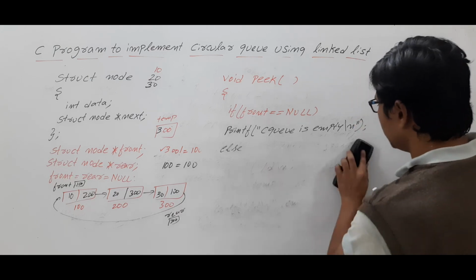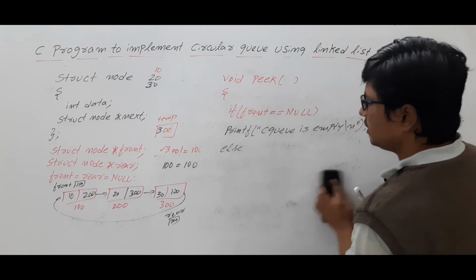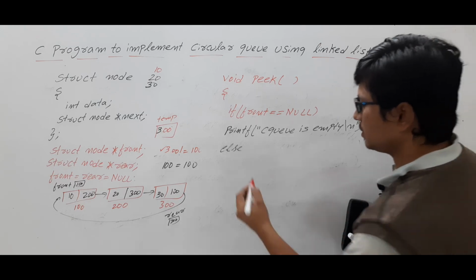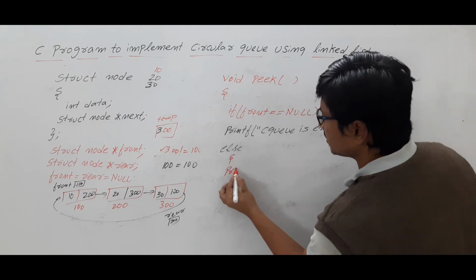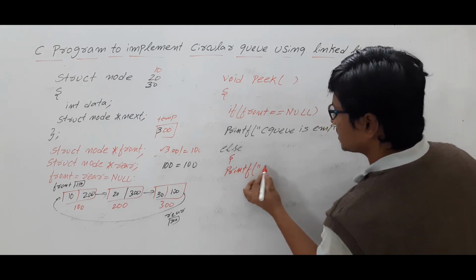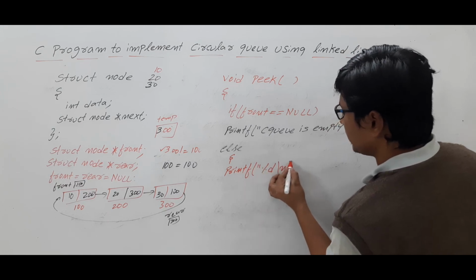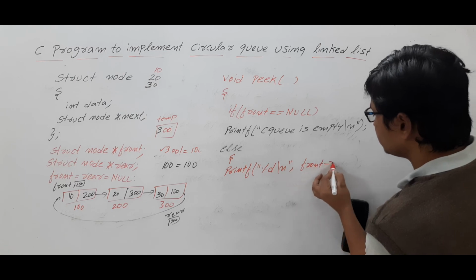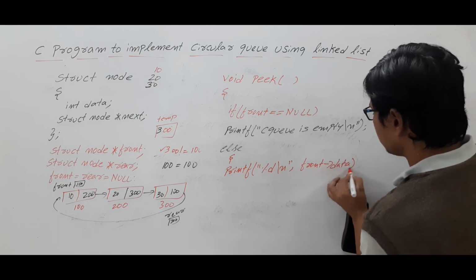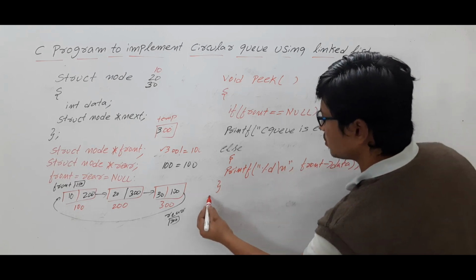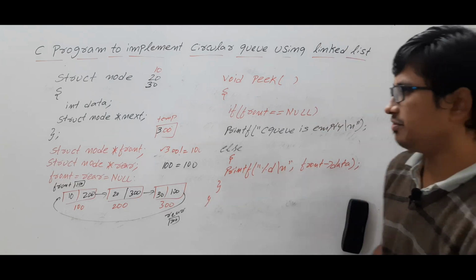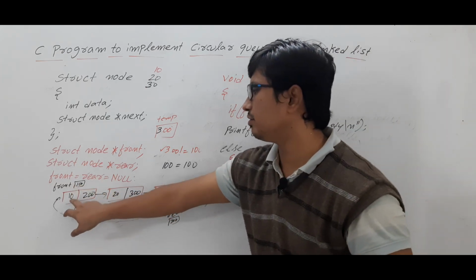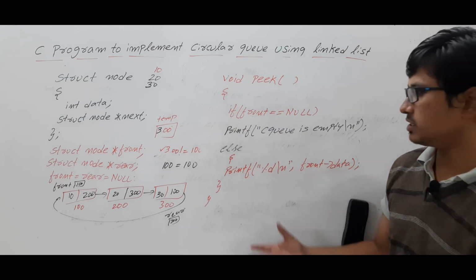If there are some elements in the circular queue, you need to display the first element. So else you will write printf %d \n, you will write front of data. Close the else, close the function. Front is having the 100, 100 of data is 10, 10 will be displayed as an output.